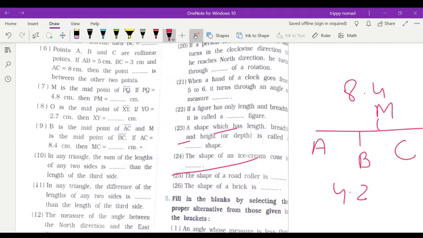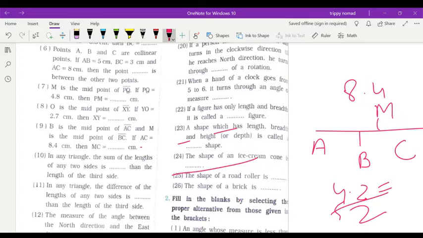So you have to divide BC also by 2 and you will get the length asked in the question, that is MC. If you divide 4.2 by 2, you will get 2.1, since 2 twos are 4 and 2 ones are 2. I hope you understood how we are getting the answer, children.